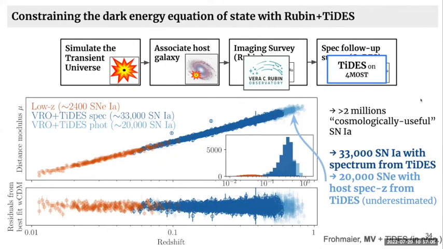We also predict, and that's another very important point to keep in mind, that we will have thousands of low redshift supernovae that can allow us to anchor these massive high redshift samples that we expect from LSST. So using these simulations, we try to run a cosmological analysis from end to end.